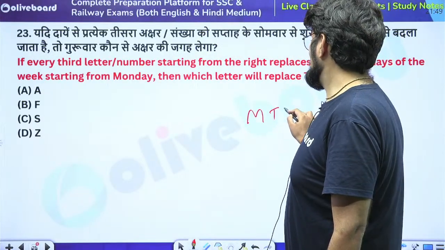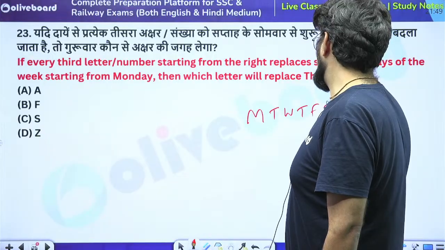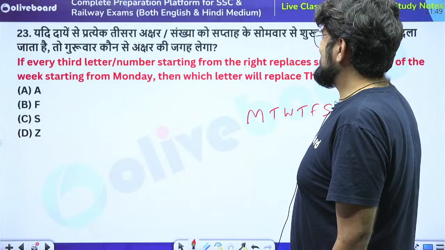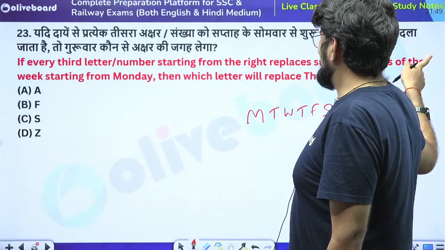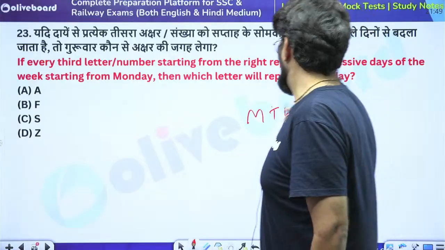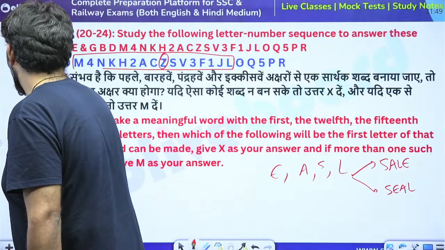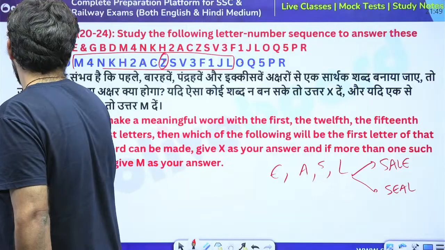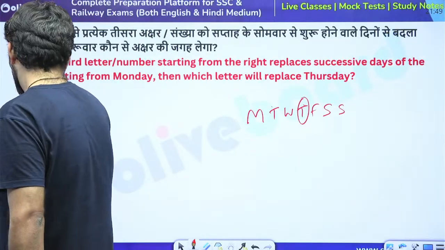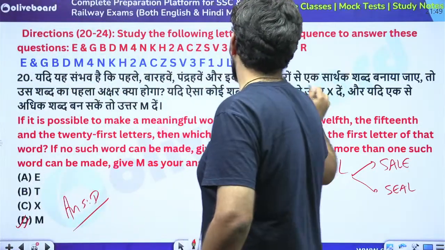Monday, Tuesday, Wednesday, Thursday, Friday, Saturday, Sunday. Every third letter starting from the right. So we need for Thursday. Thursday means 1, 2, 3, 4. So it's technically the 12th letter, right? And from the right they said or from the left? From the right. So this is what they're asking us.